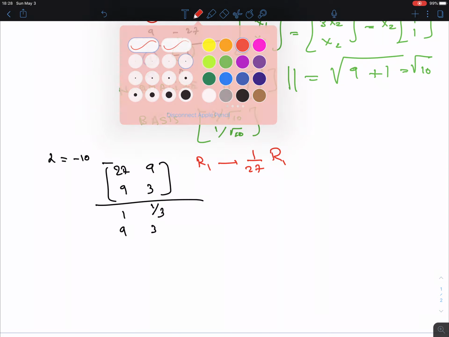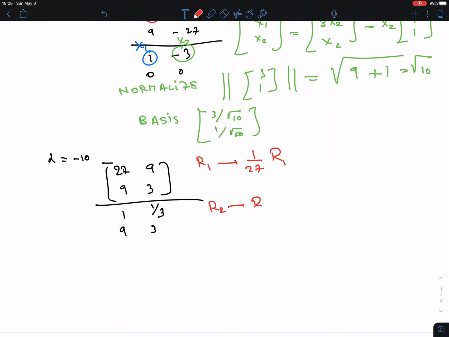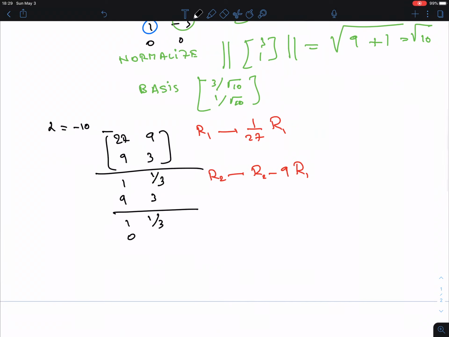And so now the second thing that I want to do is go to minus 9 times row 1, and that is exactly what I want, right? Because this is going to give me a 0 here, and then if I multiply this with negative 9, that is minus 3 plus 3, that is 0. So I get again what I wanted.